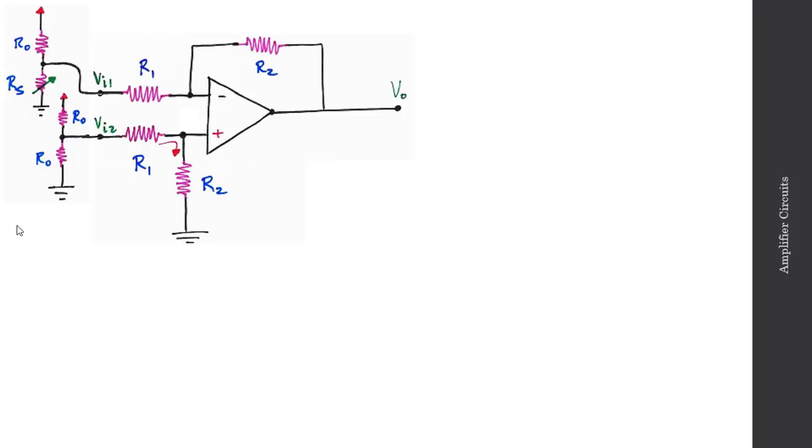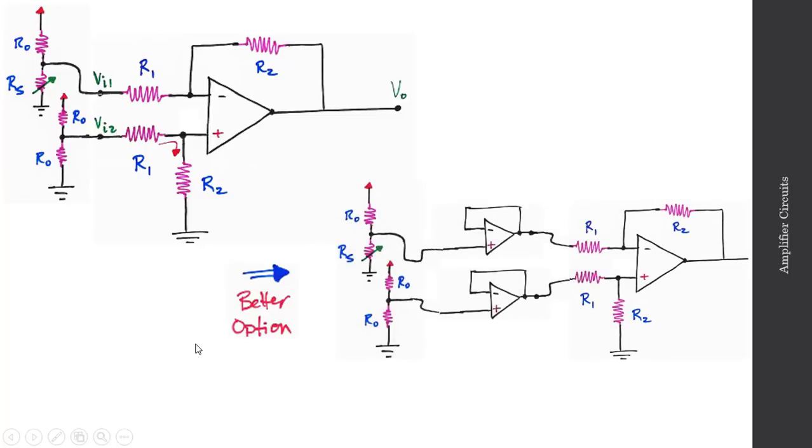So let's suggest a better option. Instead of using a single op-amp circuit like I've drawn here, I can actually use multiple op-amps to perform this task. In this circuit, I still have my difference amplifier, but now in an attempt to overcome the small input impedance associated with this difference amplifier, I also have some unity gain buffers that are acting as an isolation layer.